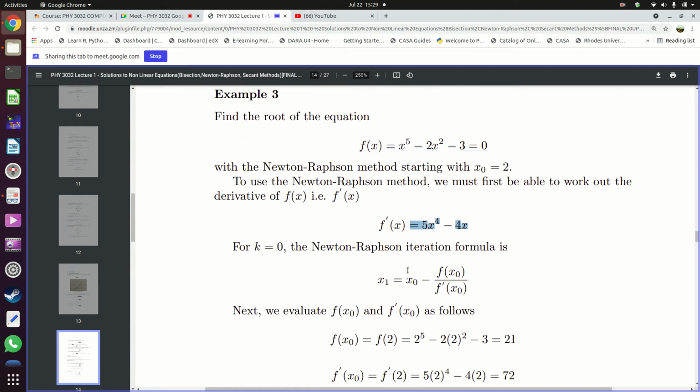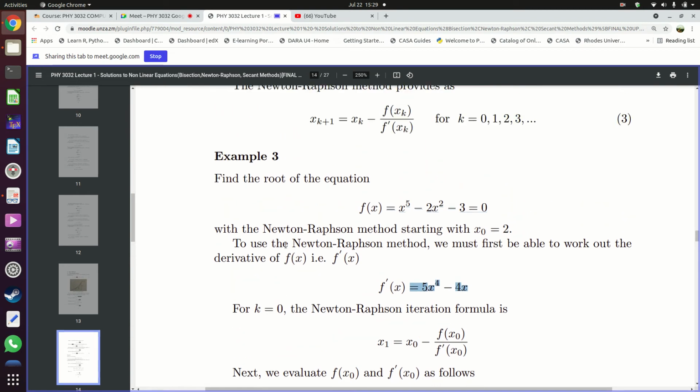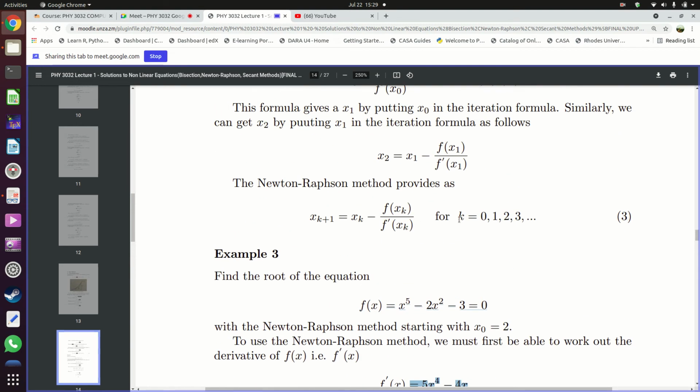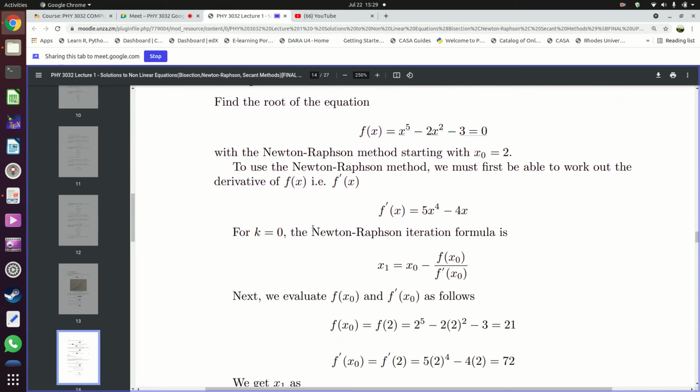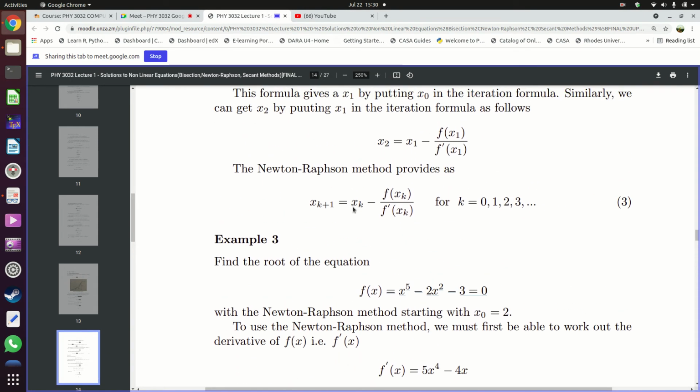Next, for the first iteration, our k's, which is the value for the iteration, start from 0. So for k equals 0, when we replace in this expression, everywhere there's a k, you put a 0.